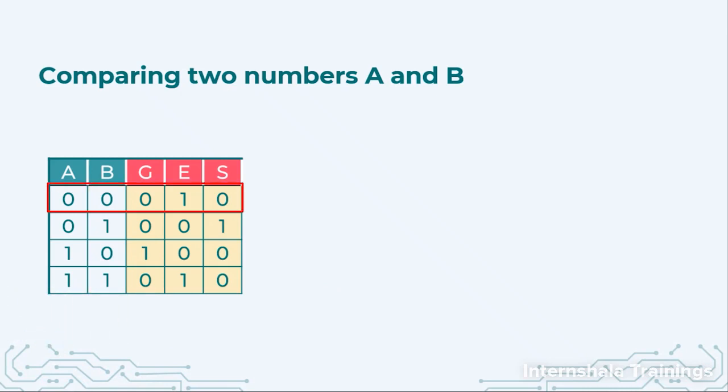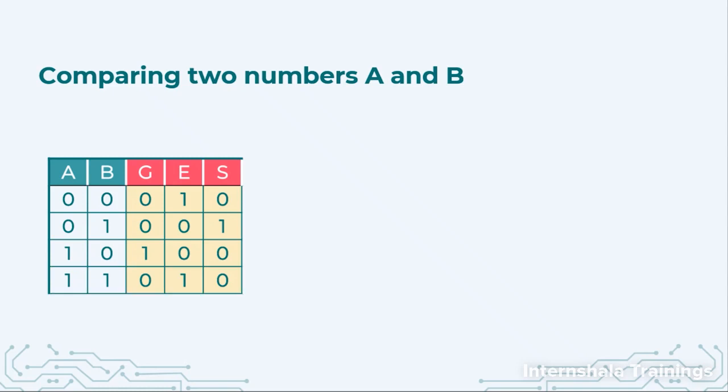When we have 0 and 1, that means A is smaller than B. So S is 1 in this case. When I say 1, 0 case, then A is greater than B. So G is 1, other two outputs are 0. And when we have 1, 1, then again E is 1 and other two outputs are 0.